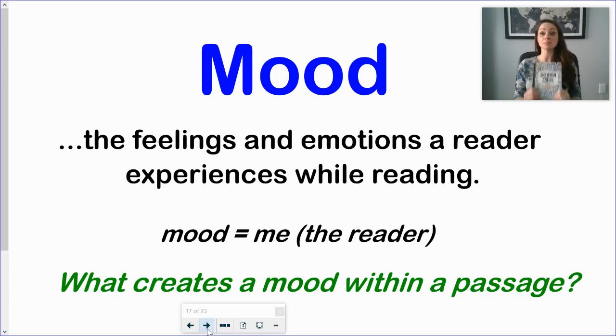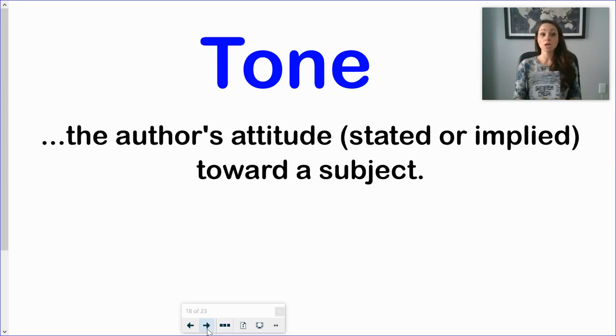Mood is me being the reader. It's the feeling, the emotion that you experience while reading. Tone. So tone is the author's attitude toward a subject. That underlying tone, that attitude, can be directly stated, meaning the author will blatantly tell you, or it can be implied. So it's kind of hinted.